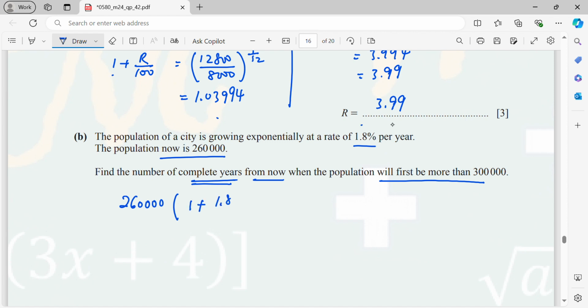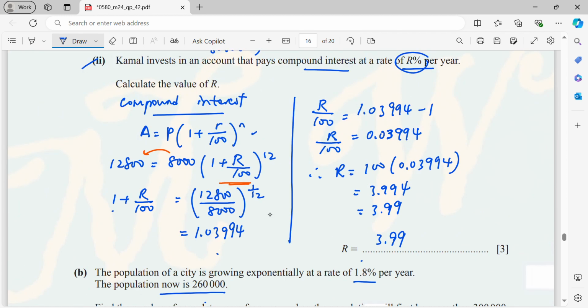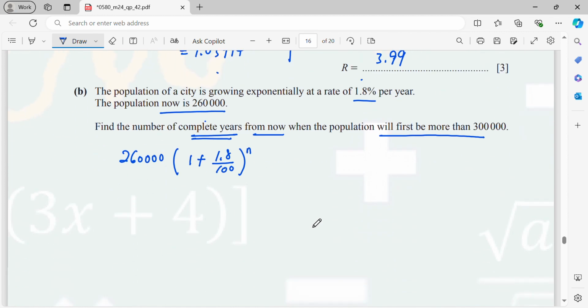So 1.8 over 100, right? And number of years, so let it be n. So it means that it is similar to the right side of the compound interest, principal value. And then first more than, because of more than 300,000.